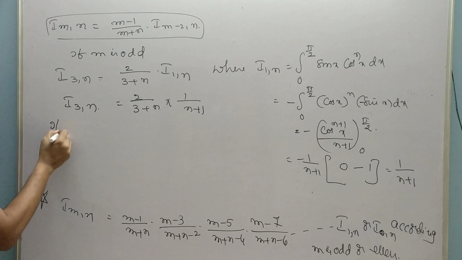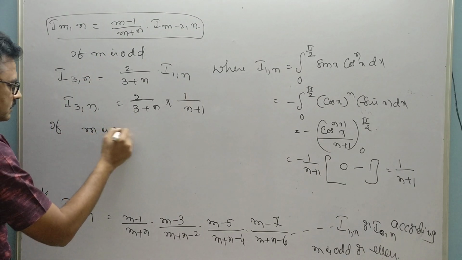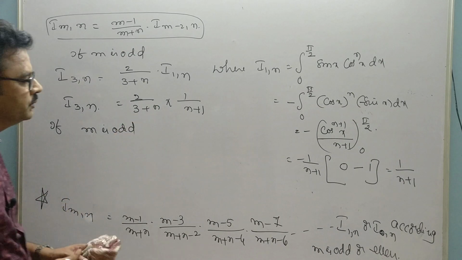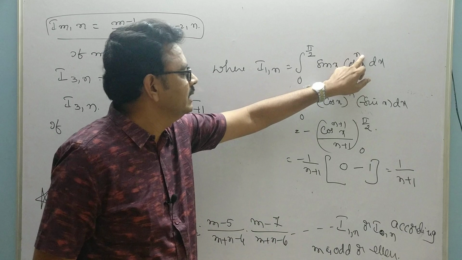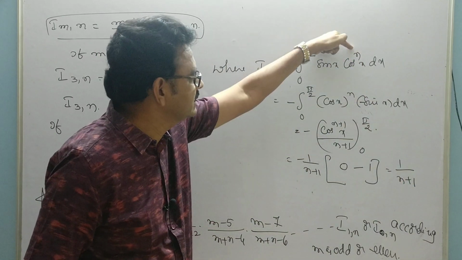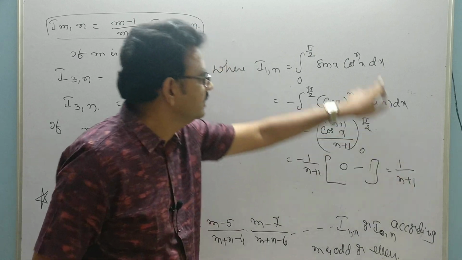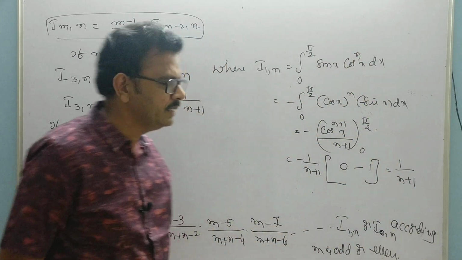Therefore, if m is odd, suppose in this one you take n is 5, the answer is 1 by 5 plus 1, 6; n is 6, answer is 1 by 7; n is 7, 1 by 8; n is 9, 1 by 10, like this.